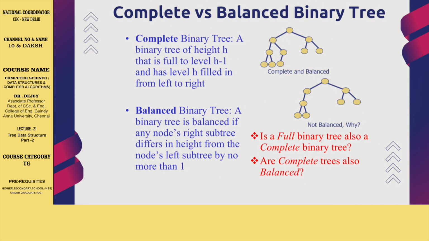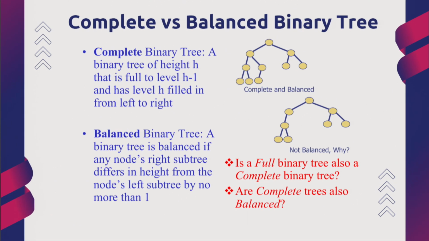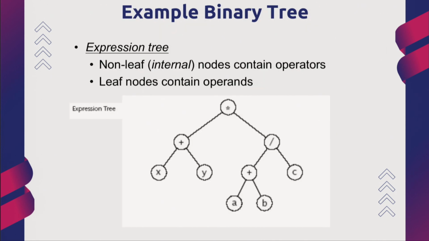Here the height of the left subtree is 3, counting 1, 2, 3, and the height of the right subtree is 2, so the difference is 1, and so we can say that it is balanced. So, that tree is not complete but balanced.